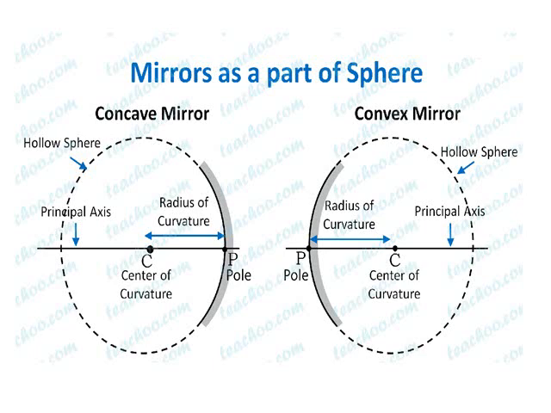So C is the center of curvature, where it is the center of the sphere, and P is the pole of the mirror, so the midpoint of the reflecting surface, and the distance PC is the radius of curvature, and the line which passes through the pole and center of curvature is the principal axis. So we will learn the definitions one by one in the upcoming slides.